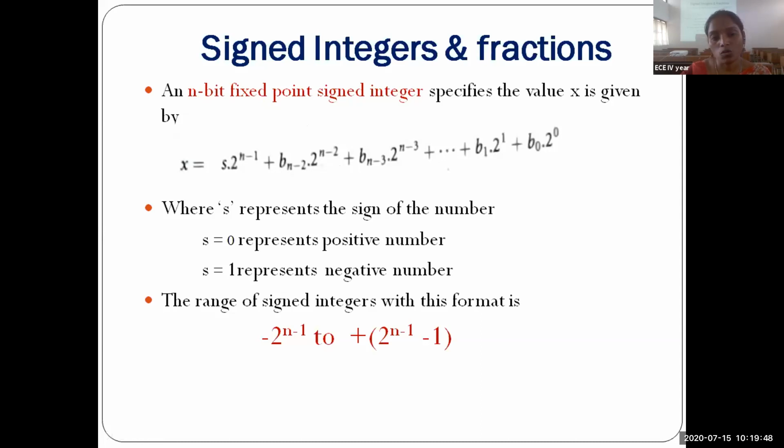What is the range of numbers that can be represented with this format? This is very important: minus 2 power n minus 1 to plus 2 power n minus 1, minus 1. This is the range. All of you note it down.